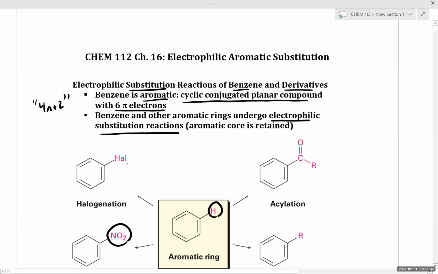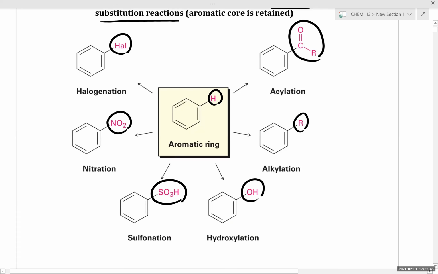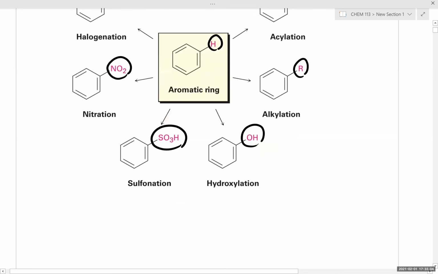So we can install a variety of different unique functional groups via these aromatic substitution reactions. What we're going to talk about this chapter are the mechanisms for the electrophilic aromatic substitution reactions. We're going to talk about some important considerations when it comes to regioselectivity and directing effects. And then we'll start planning out some basic syntheses for aromatic systems.